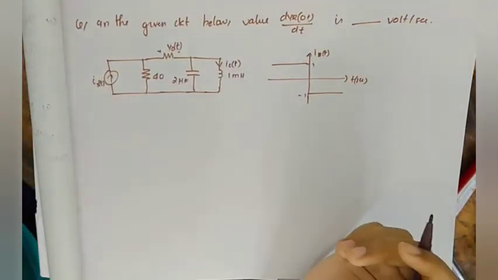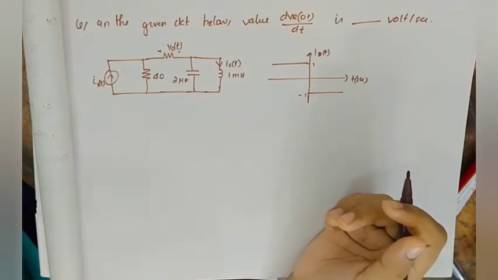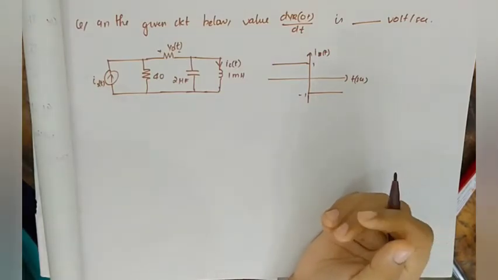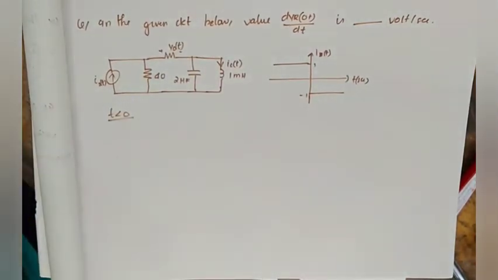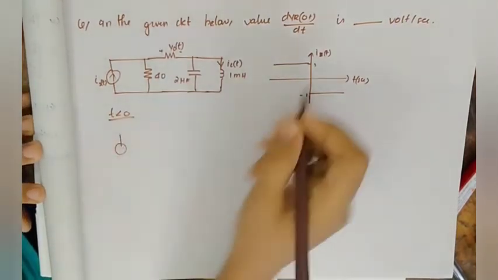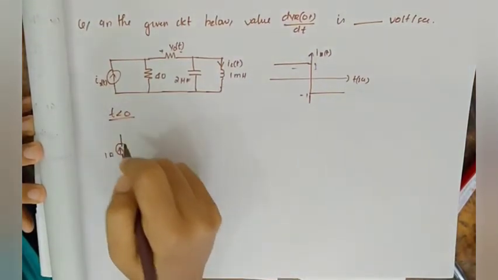In the given circuit below, value of dVR of 0 plus divided by dt is. Okay, so before that we will find out for t less than 0. For t less than 0, capacitor will act as open circuit and inductor will act as short circuit. So for t less than 0, IS is 1 ampere. So that is 1 ampere.